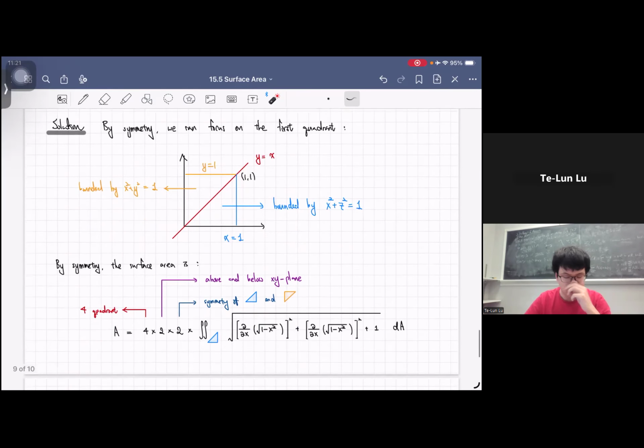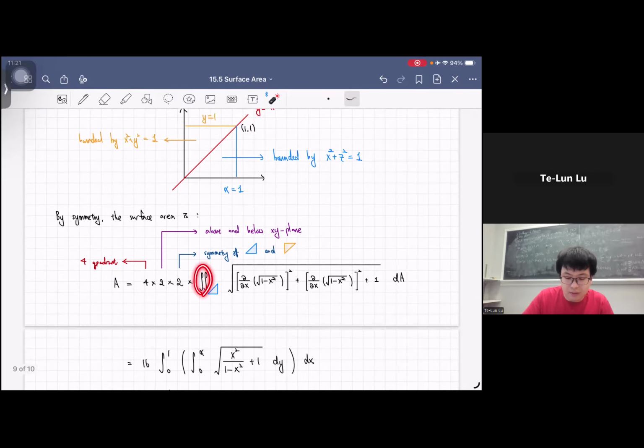Okay. So again, by symmetry, you can consider only one of these triangles because these two actually give you the same surface area. So our whole surface area will therefore be the integration over this blue triangle having this multiple.